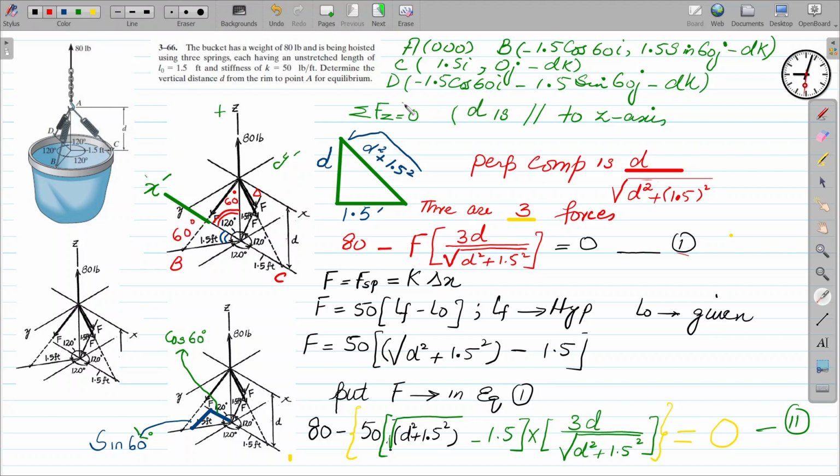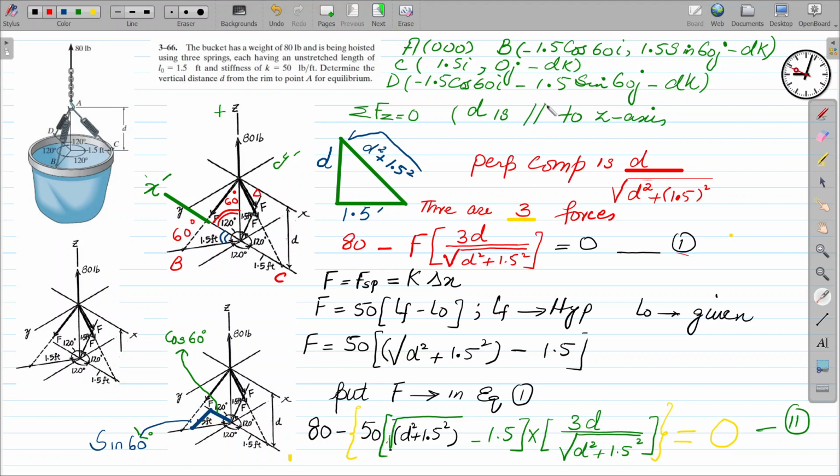Now we go to the D component. The D component is exactly the same, but the only difference is that in the B component the j was positive along the y.